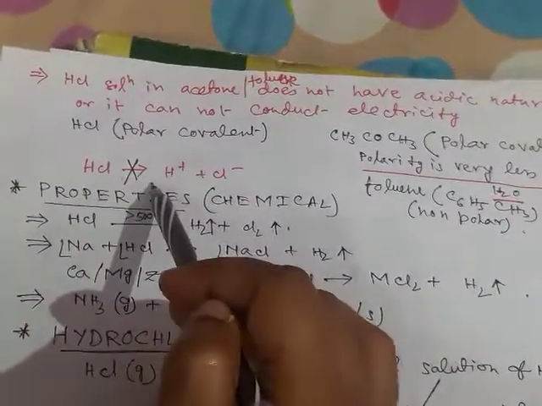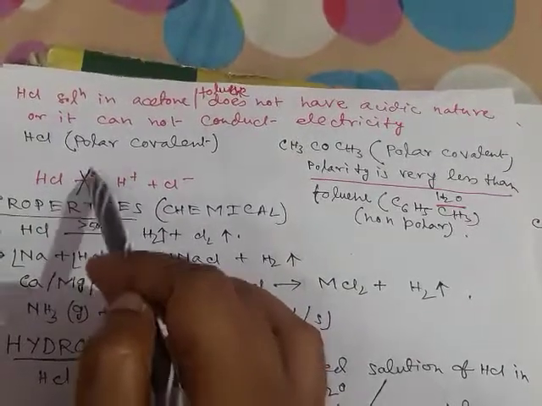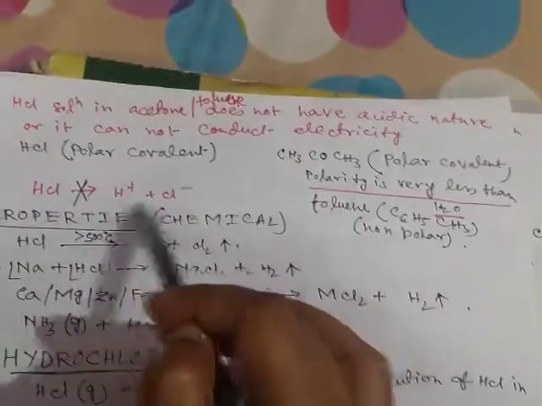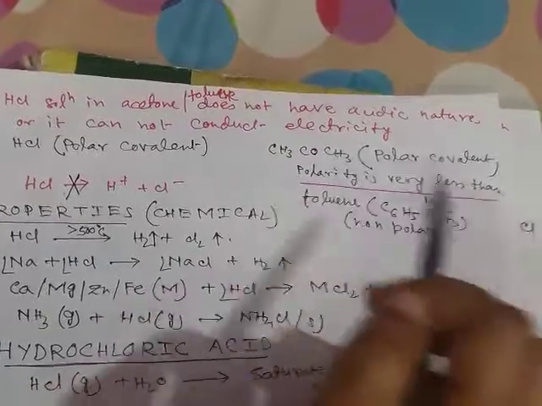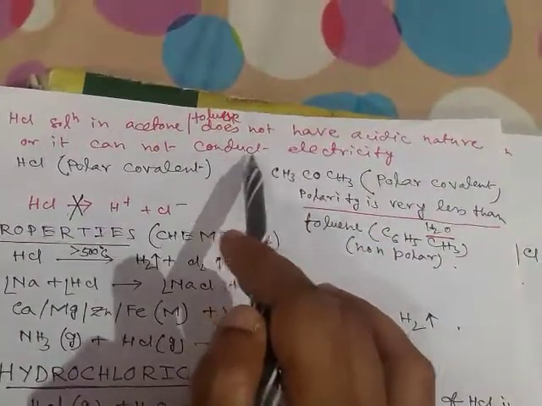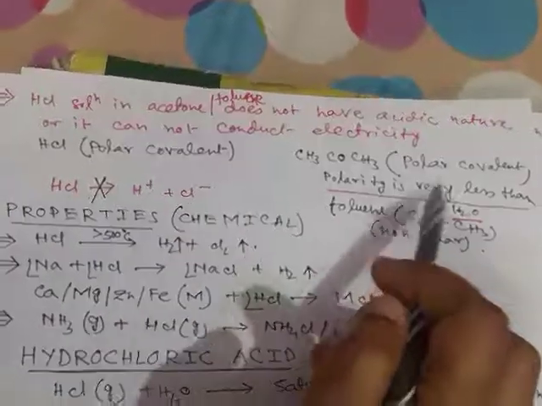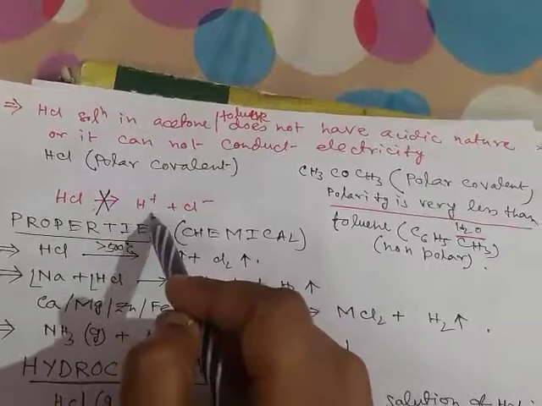Though HCl molecules are soluble here, there is no ionization of HCl molecule. So these solutions are not conductors of electricity, or these solutions are not acidic, as there are no H+ ions in solution.